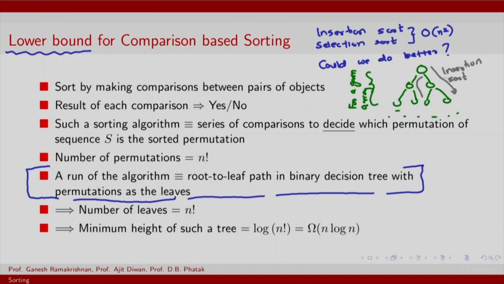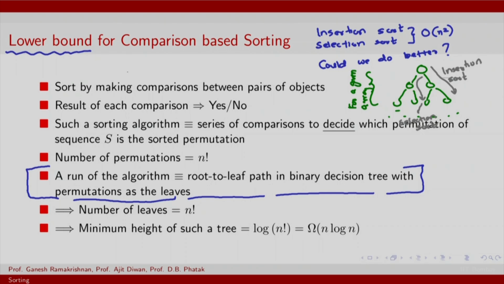whereas for selection sort you might have a different path. So let's try and understand what this tree is. Each node in this tree is basically a comparison between a pair of objects. Is x greater than y or y greater than x?